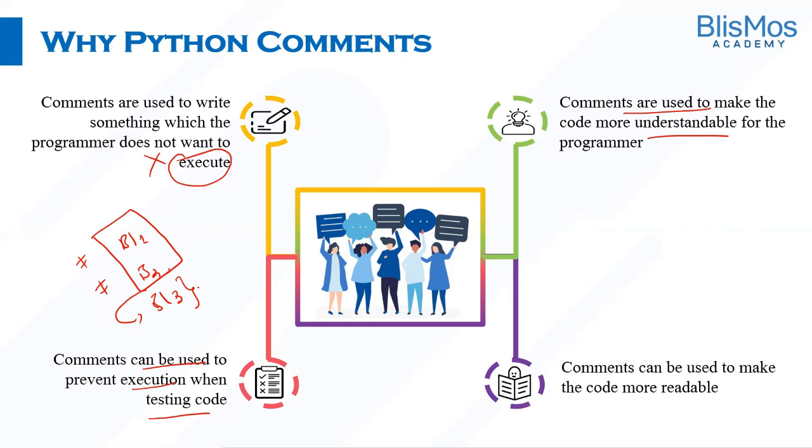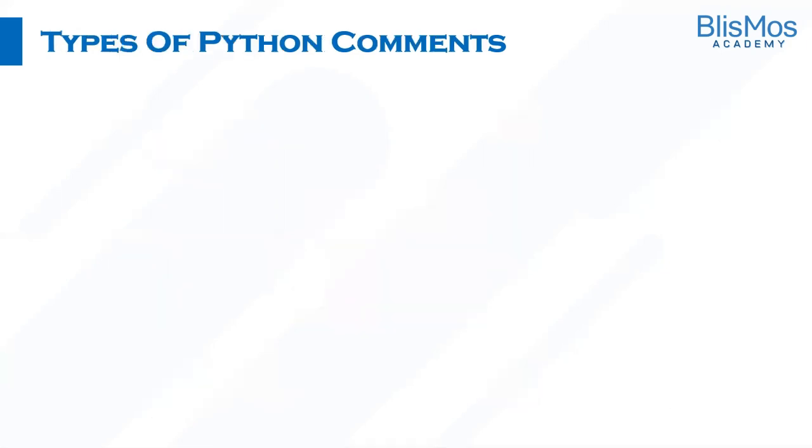We already discussed that comments can be used to make code more readable. If you put the comments properly, you will understand the reason you are executing this, where you are getting the input from, and how the connection is there from one function to another function. That way the code becomes more readable.